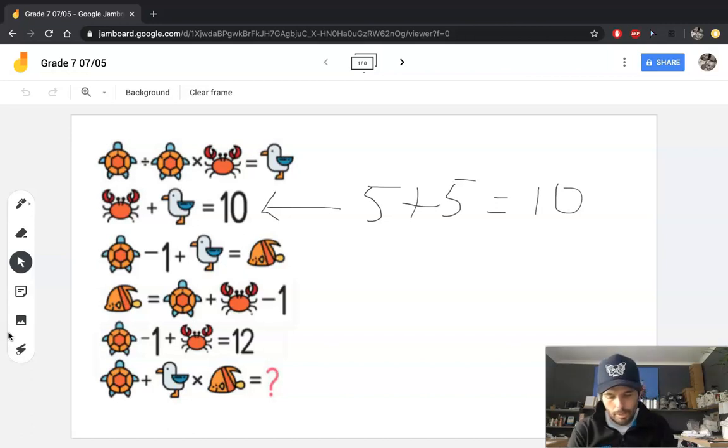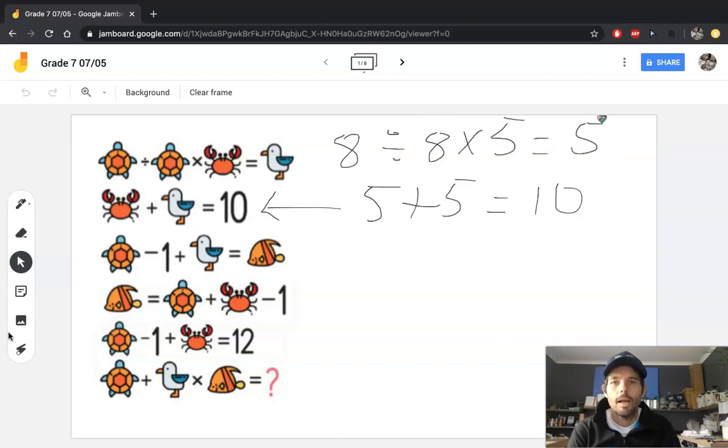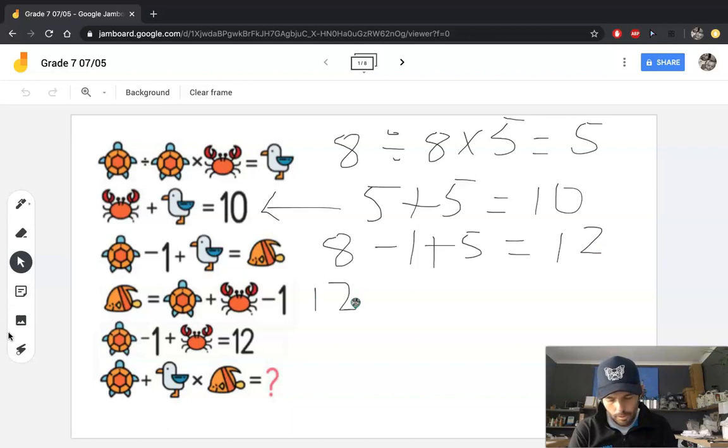The total worked out to be 8. 8 divided by 8 is 1, and then that multiplied by 5 is going to equal 5. Okay, we've done the second line. So then we've got 8 minus 1 plus 5, and that means the fish is going to be equal to 12. And then we've got 12 equals 8 plus 5 minus 1, and then 8 minus 1 plus 5 equals 12.